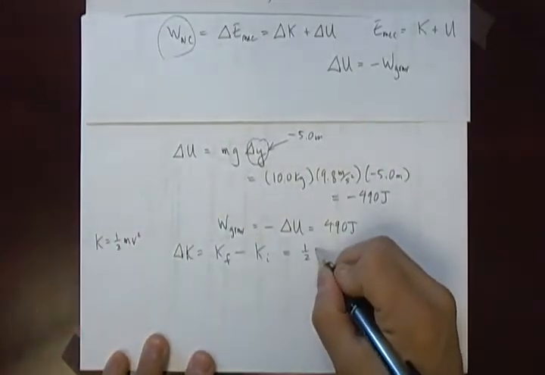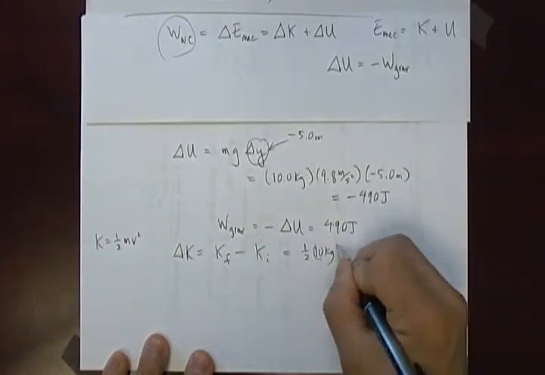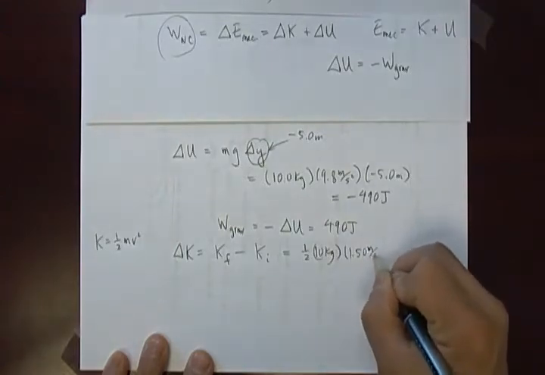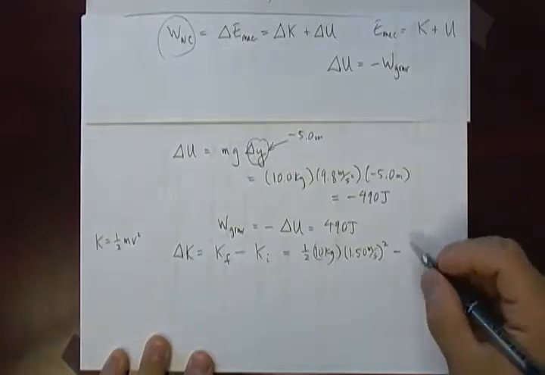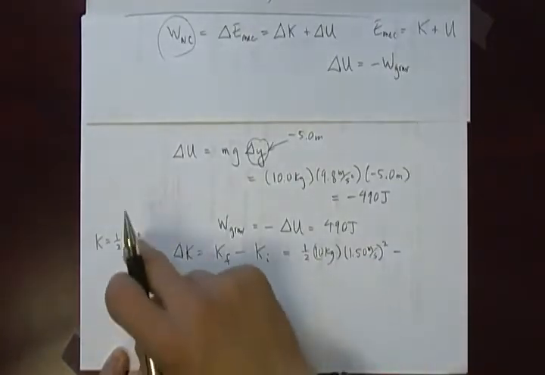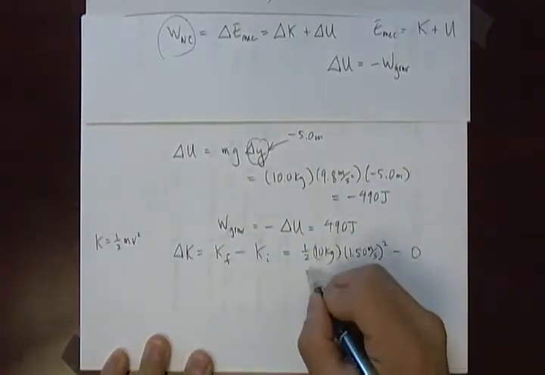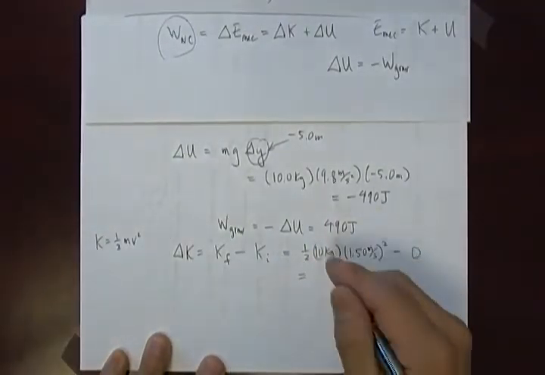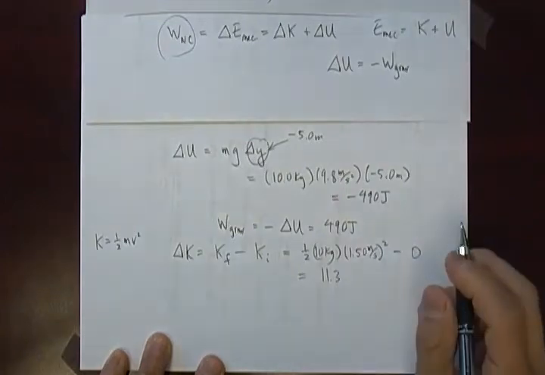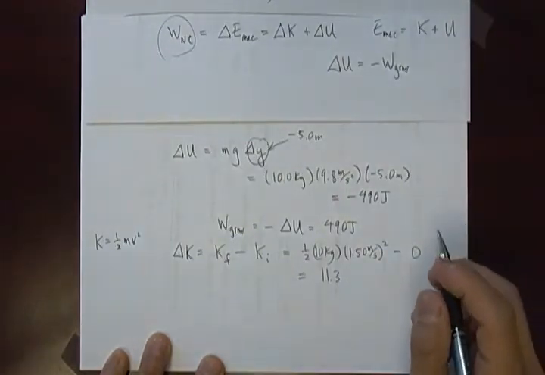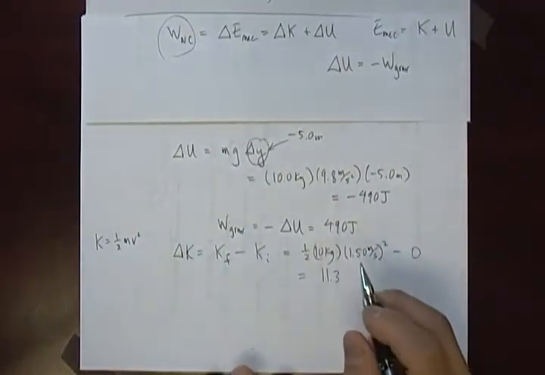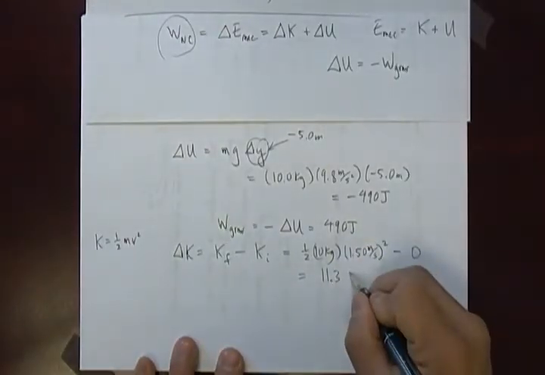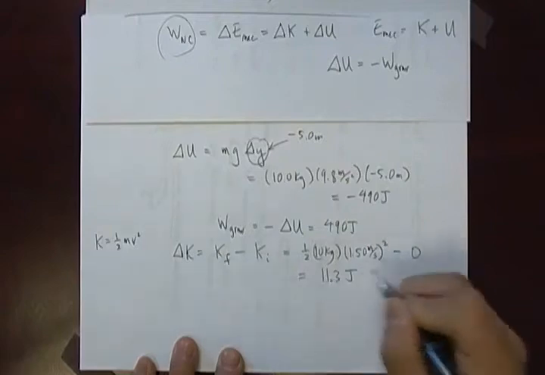For the final we have 10 kilograms and a speed of 1.5 meters per second, quantity squared. For the initial case, it's starting from rest, so the kinetic energy will be 0. So delta K ends up being 11.3 joules.